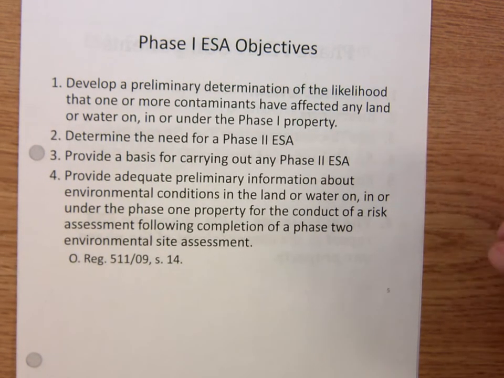So sometimes when you do phase 1, you may conclude that there are not many activities that could possibly result in soil contamination, and therefore you may actually end up concluding that phase 2 is not needed, and that way you'll save your client a lot of money.